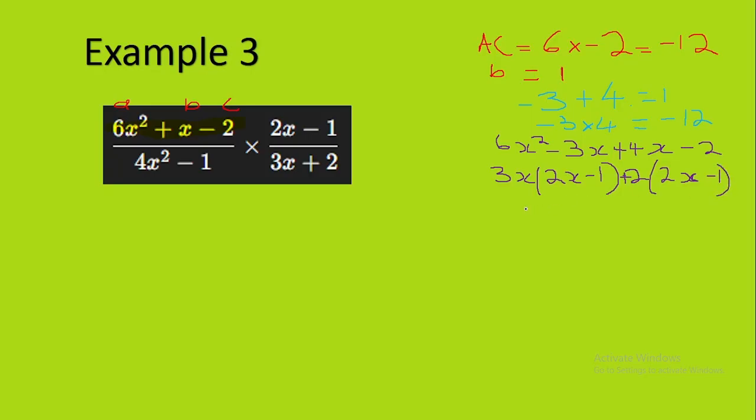So in all, we should have two brackets. One bracket will have everything outside of the bracket, so 3x plus 2. I did not know I would teach the AC method in this video, but if you actually learn the AC method in this video, then good for you.